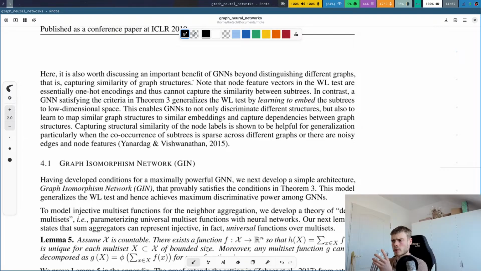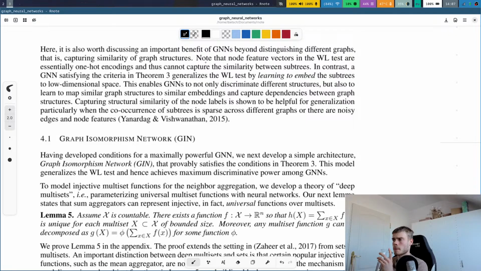Here it is also worth discussing an important benefit of GNNs beyond distinguishing different graphs, that is capturing similarity of graph structures. Note that node feature vectors in the WL test are essentially one-hot encodings. One-hot encodings thus cannot capture the similarity between subtrees.